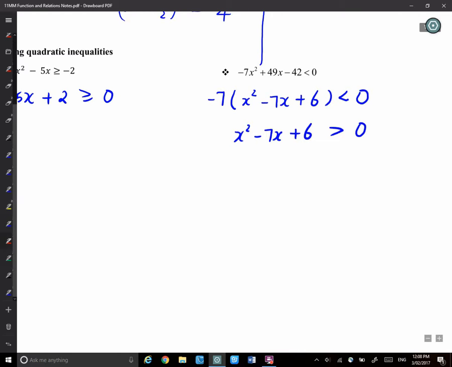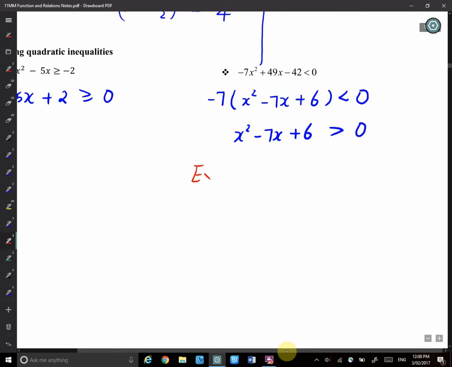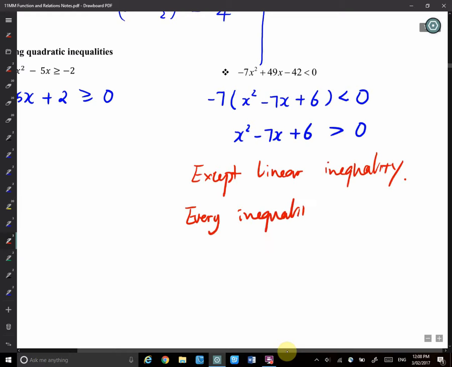Write something to tell yourself: except linear inequality, every inequality will need a graph to solve.